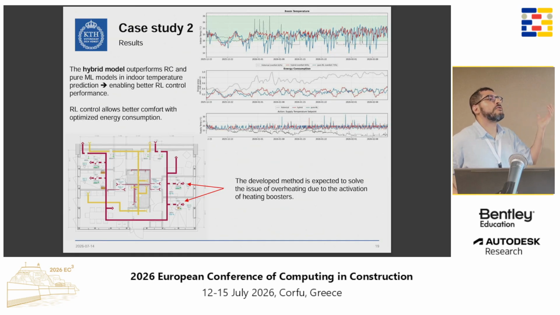The air handling unit has no information that the boosters are running, so it keeps feeding energy into the apartments, naively based on this graph, called a linear graph, based on outdoor temperature. We could solve this and maintain the comfort, as you see in the top figure, better than the baseline.